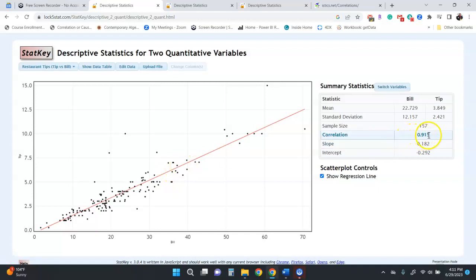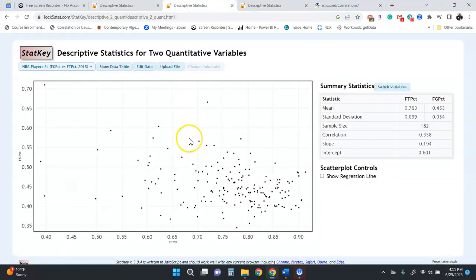So this is a very strong association, and it's a positive association. So as the amount of the bill increases, the tip amount also increases with a strong positive correlation.